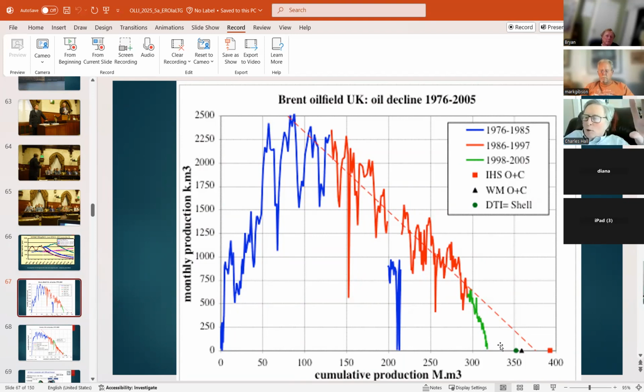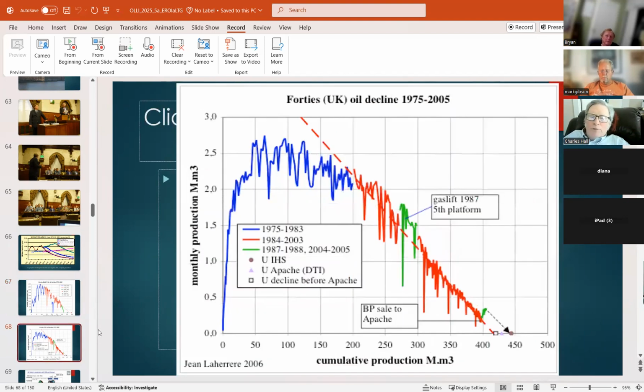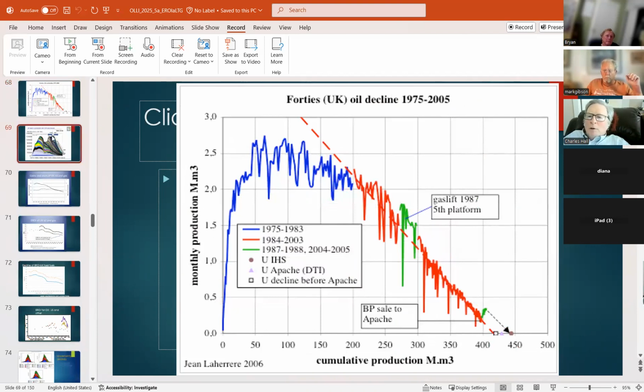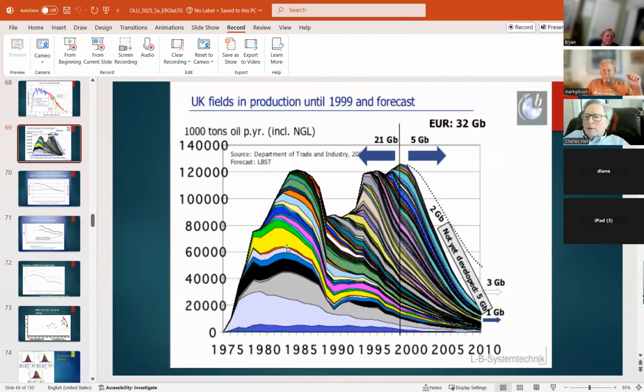Well, there's no more oil produced from the Brent field. It's dead, as is the Forties now, as is several more. So this is their big fields. I think this might be Brent here, and the Forties down here. And you see they taper off, and then they find smaller and smaller oil fields.